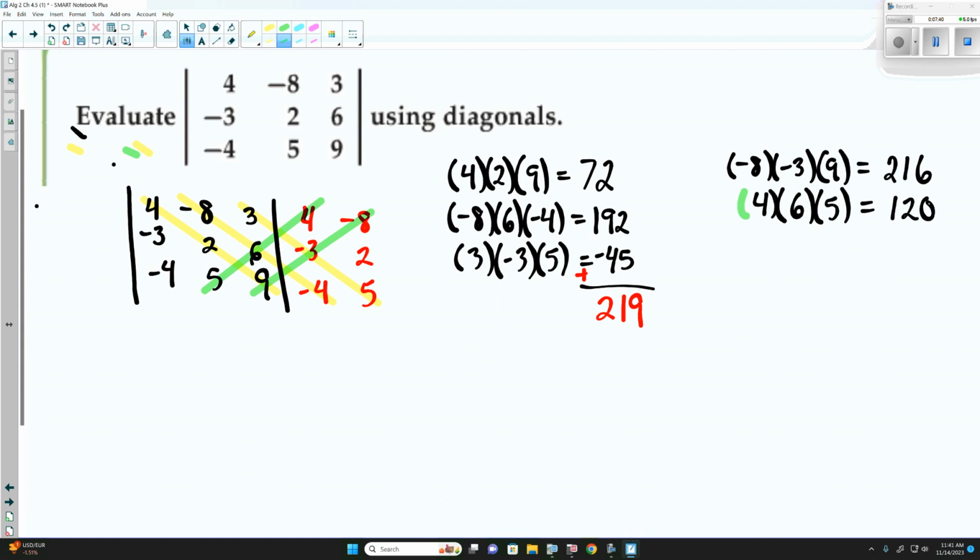And the last one, 3, 2, negative 4. And just like the other one, we're going to add these three to get 312.